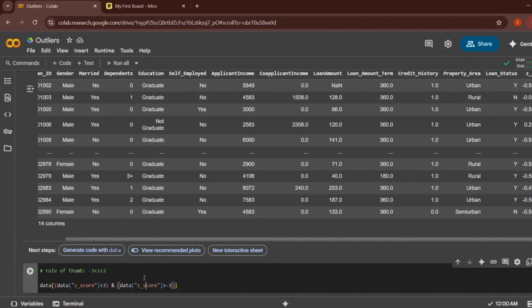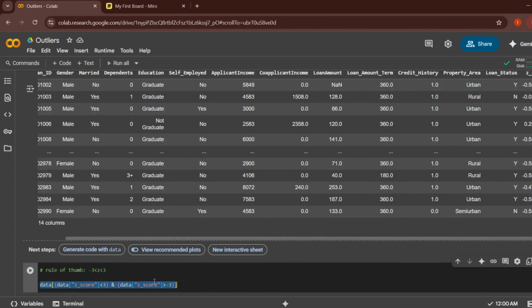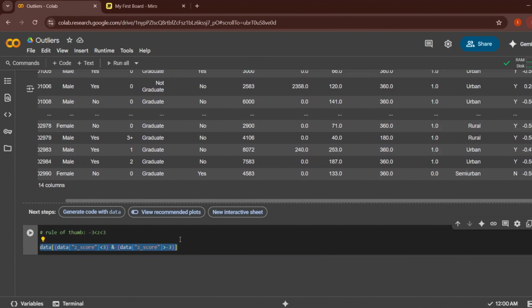Alright, I suppose this is it. This is the rule of thumb that we are talking about, and now we will apply this rule of thumb to our data set, and it would drop all the values that are outside this range, that is if it is greater than 3 or less than minus 3. Alright, let me run it.